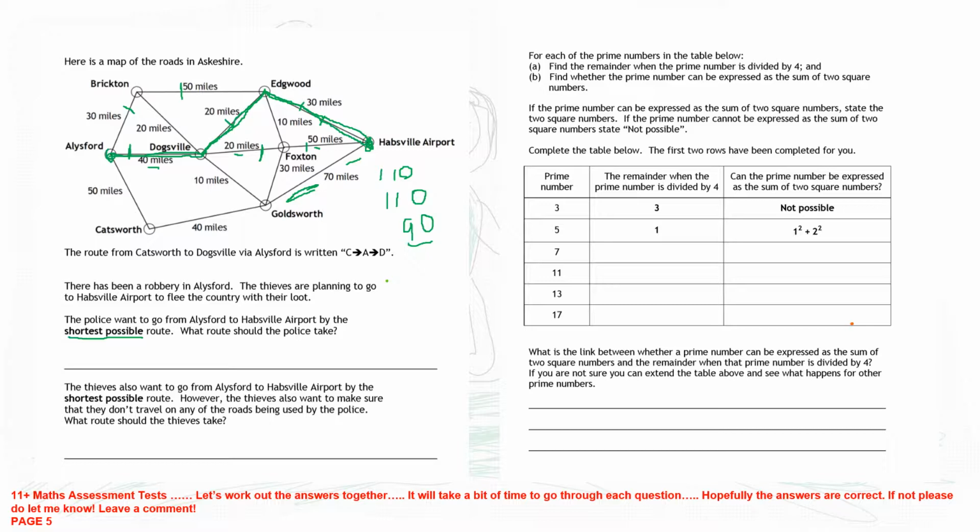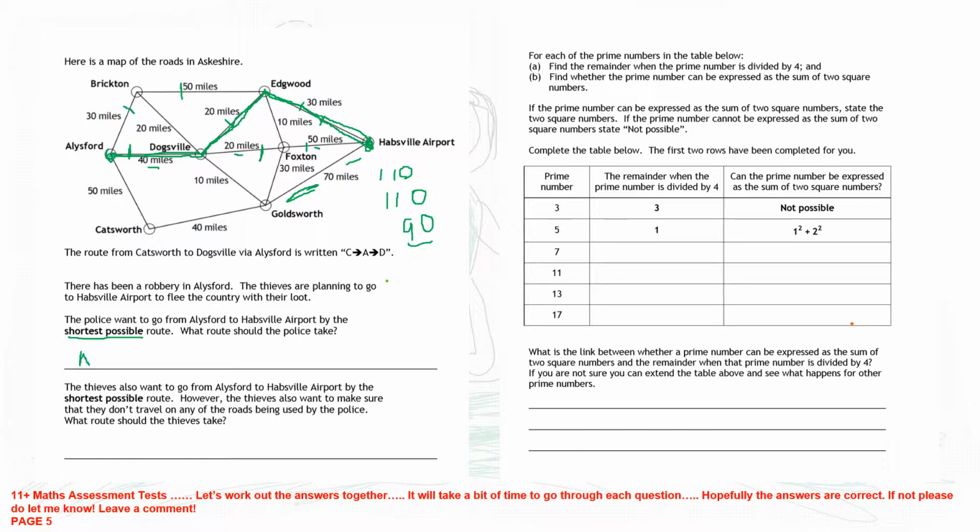The other one we got is Aylesford to Brighton to Edgewood to Habsville Airport, 50 and 30, 80, and 30 is 110, which is more.